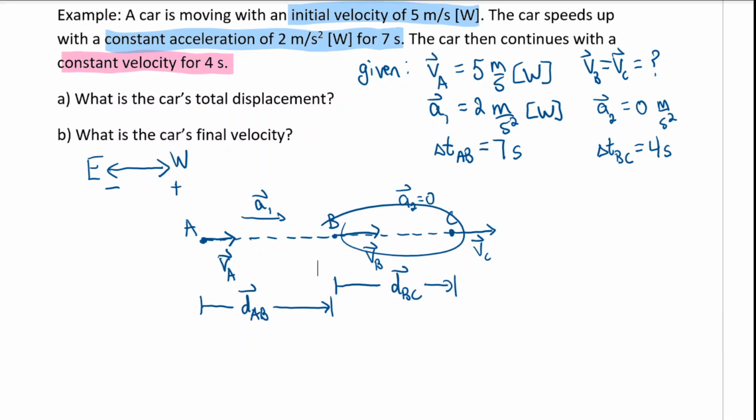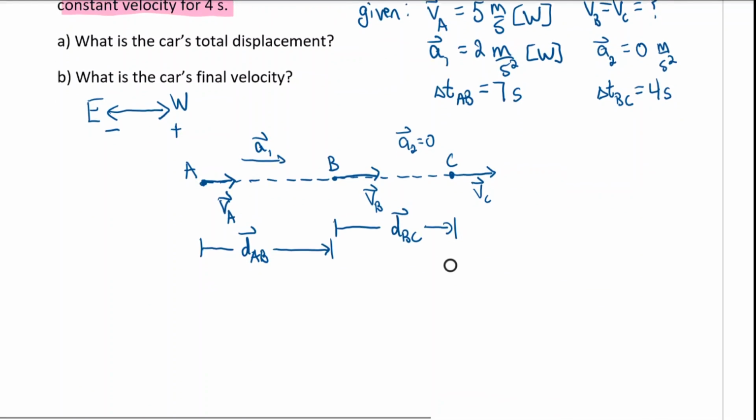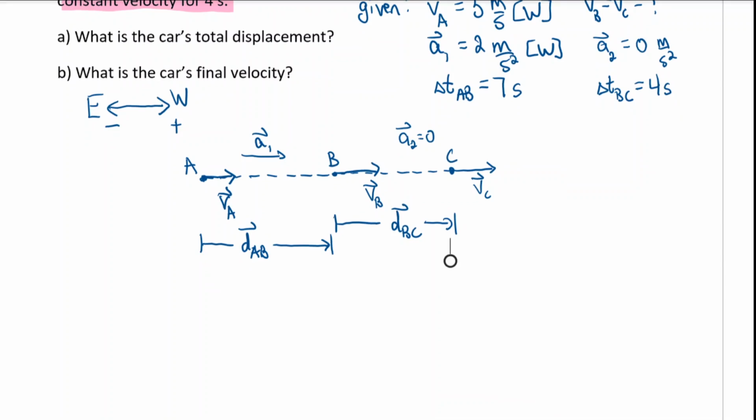Let's figure out what our velocity at B is. So we have everything we need to know. If we're trying to figure out what VB is, we know the initial velocity, we know the acceleration, we know the time. Let's find an equation that is looking for the final velocity.